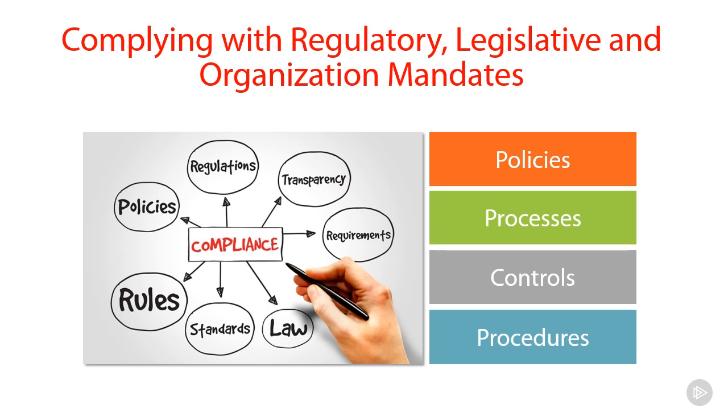But whenever there's a regulatory or legislative mandate, there are also policies, processes, controls, and procedures that need to be followed if an organization is going to be in compliance. So it's important that you know what those are and how they apply to your particular organization.